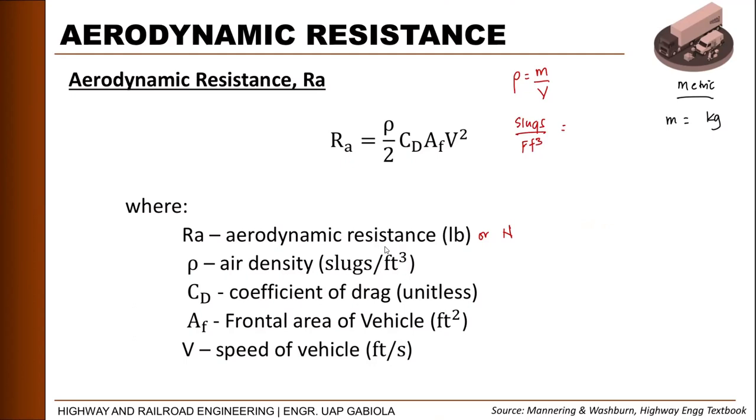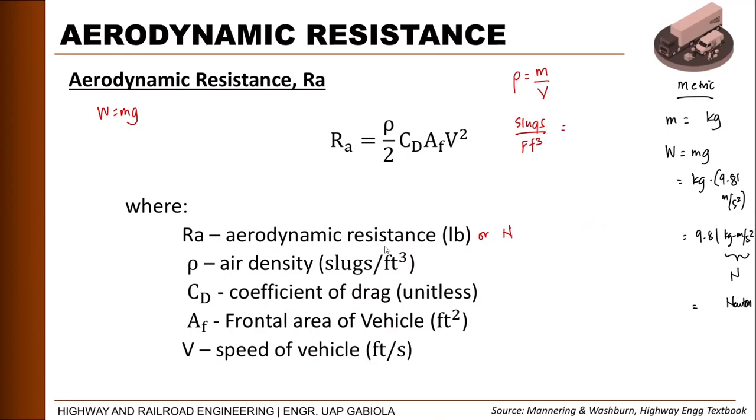So, we have weight is equals to mass times gravity. Diba? Kung si weight dito sa metric natin is equals to mass times gravity, ginagawa natin kilogram multiplied by our gravitational constant, which is 9.81 meter per second square. So yung nagiging unit natin is 9.81 kilogram meter per second square, na ang tawag natin sa kilogram meter per second square is Newton.